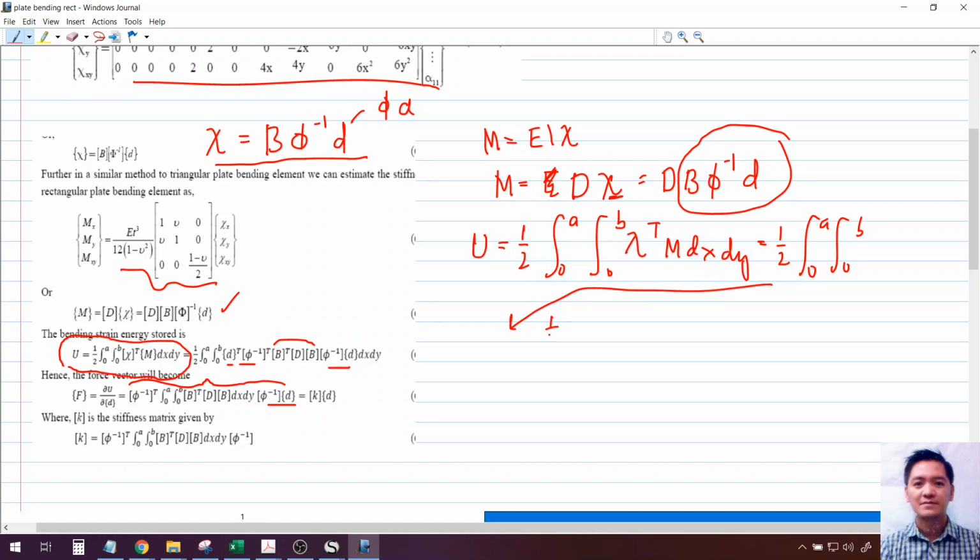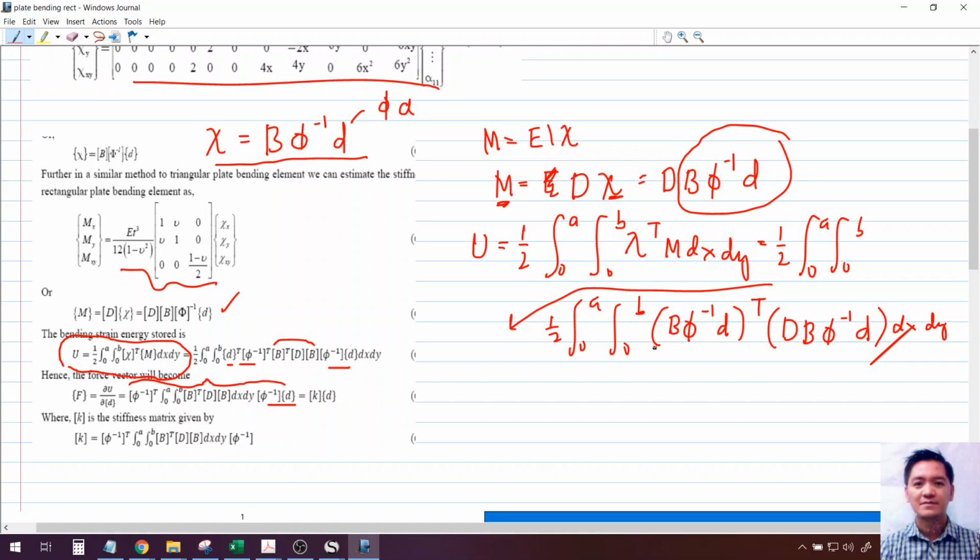Ito. 1/2, 0 to A, 0 to B, tapos the curvature transpose, lagay ko muna sa bracket, B phi inverse D, transpose. But what is M? Ulitin lang natin to. M is D times the curvature, which is D B phi inverse D, dx dy. Did I miss something?